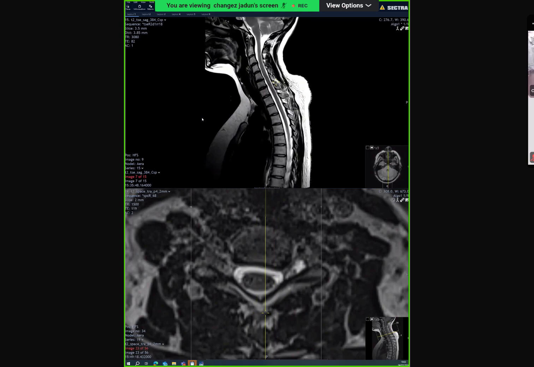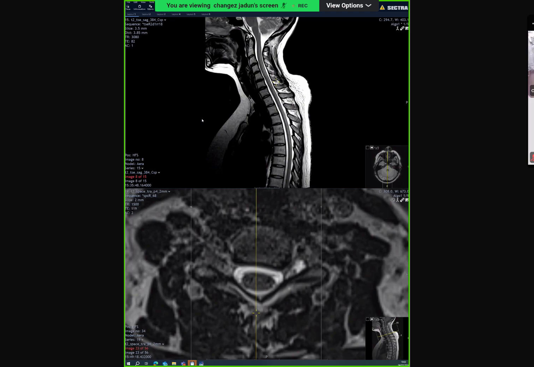And I believe that MS is unlikely because the brain is spared and it's a long segment involvement of the cord. So I believe these two possibilities as differentials in this case, but I would like to correlate with the overall clinical picture, the biochemical parameters, to come to a final diagnosis, as well as the clinical presentation.